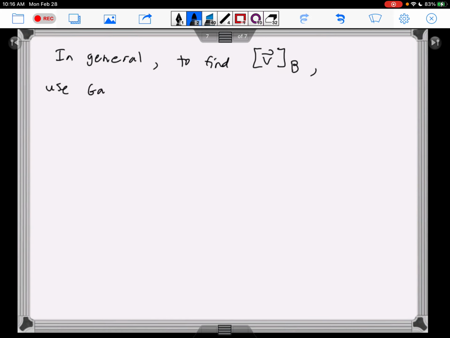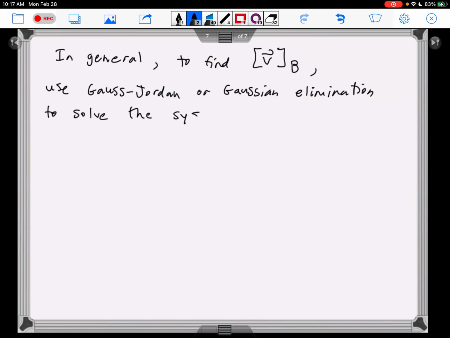In particular, I should say Gauss-Jordan, or I guess Gaussian elimination, to solve the system.